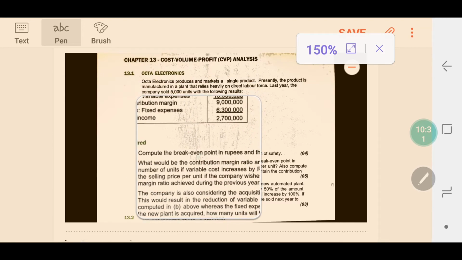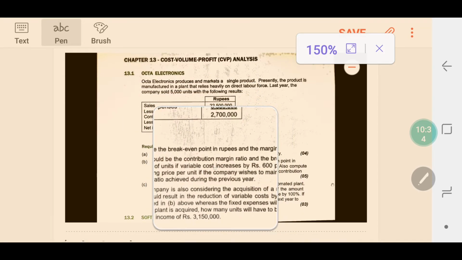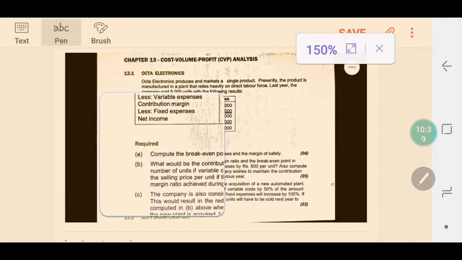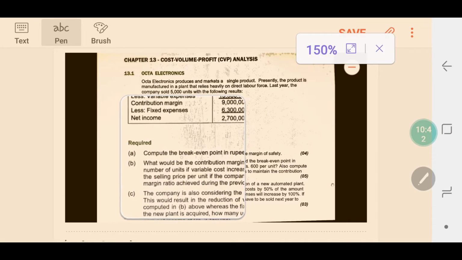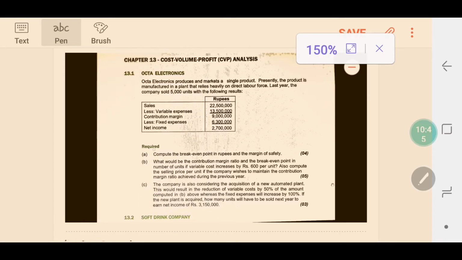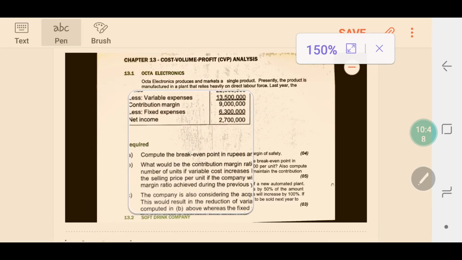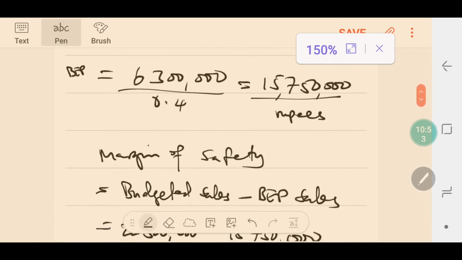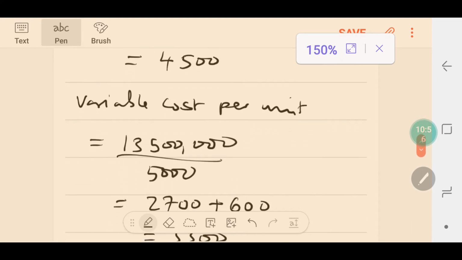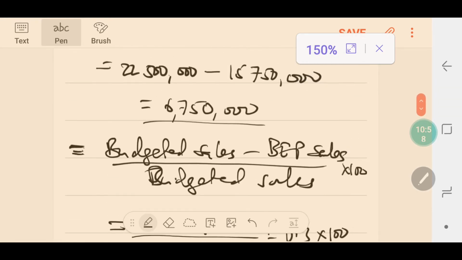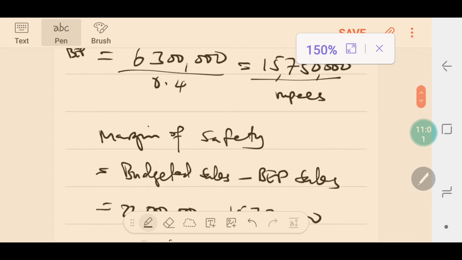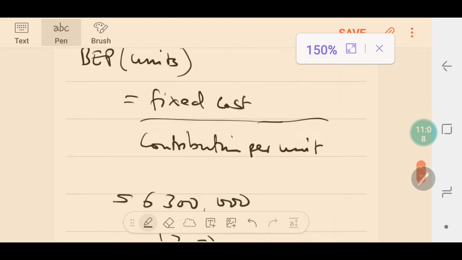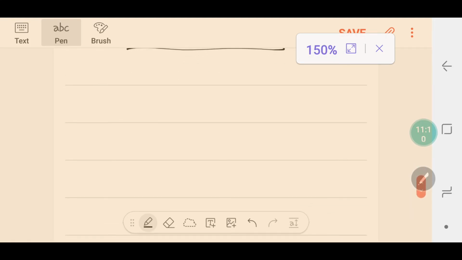During the previous year means the CS ratio calculated in part A. During the previous year, the CS ratio was 0.4.